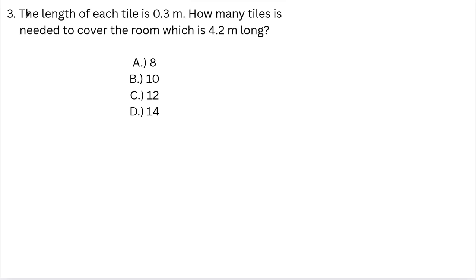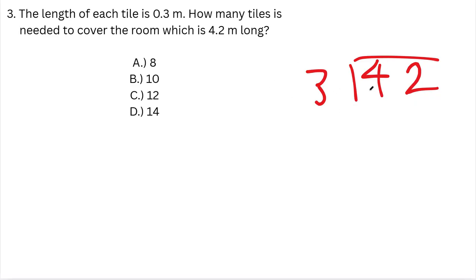The length of each tile is 0.3 meters. How many tiles are needed to cover the room, which is 4.2 meters long? This one is also a division problem. So, just like we did in the first problem, I will move the decimal 1 digit to the right so that it is easier to divide.